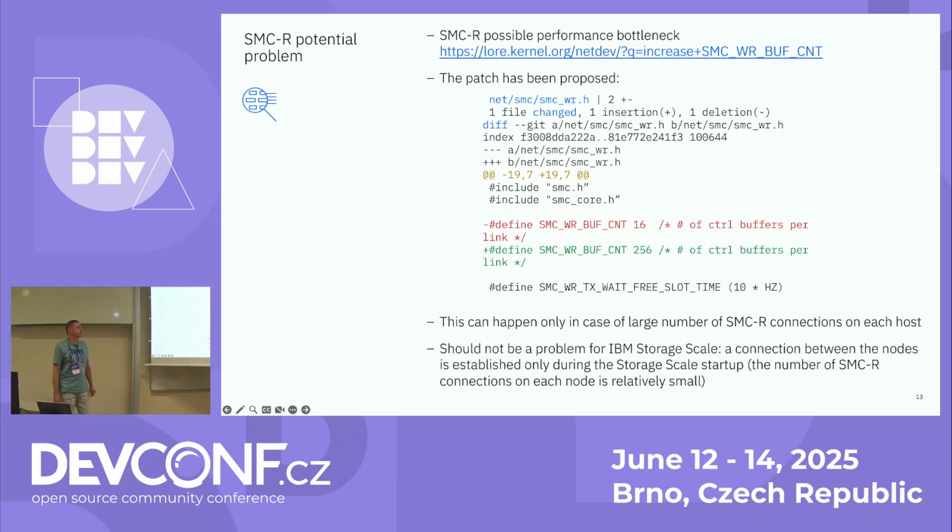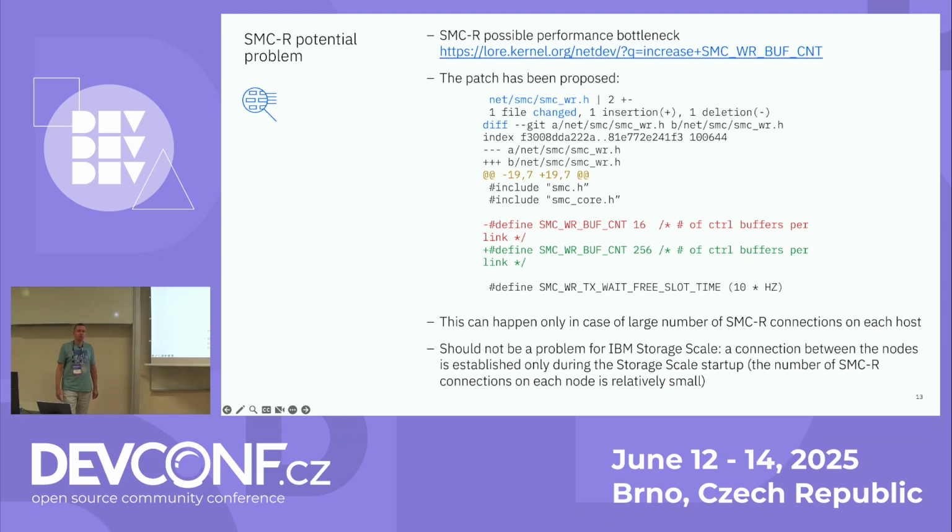Now I want to mention one potential performance bottleneck that may cause SMC-R to perform even slower than TCP in some cases. Actually, the fix has already been provided, but the patch hasn't been accepted yet.